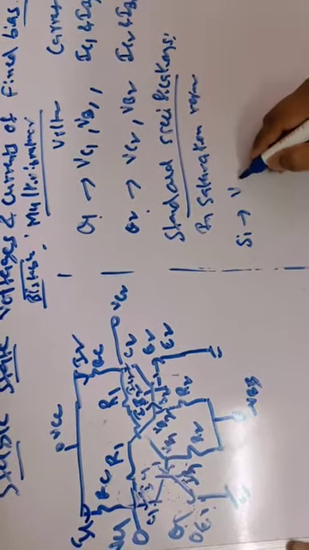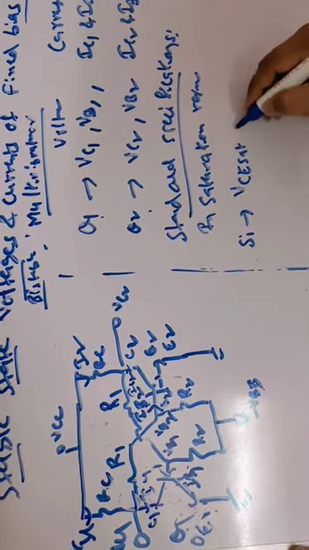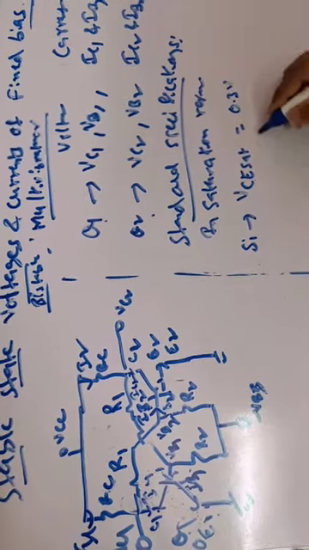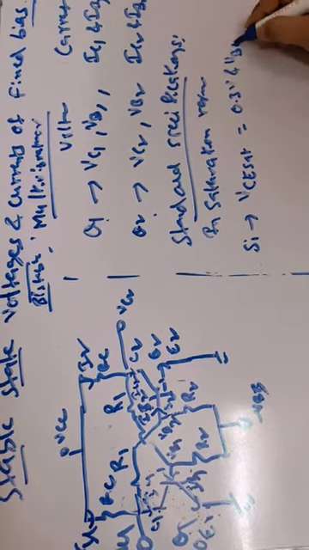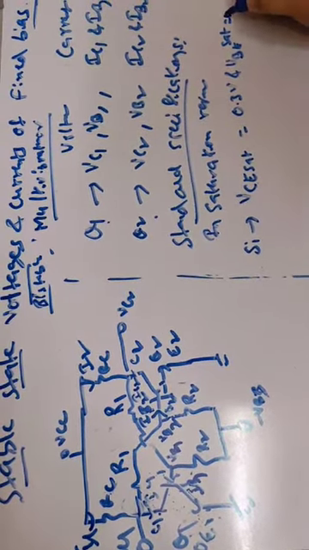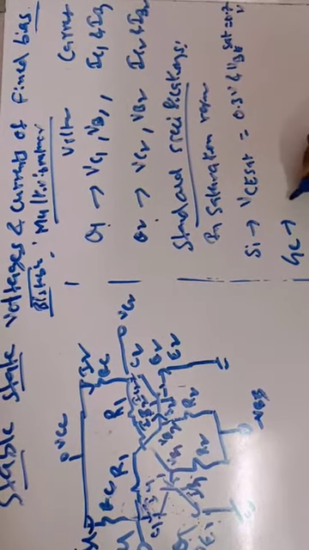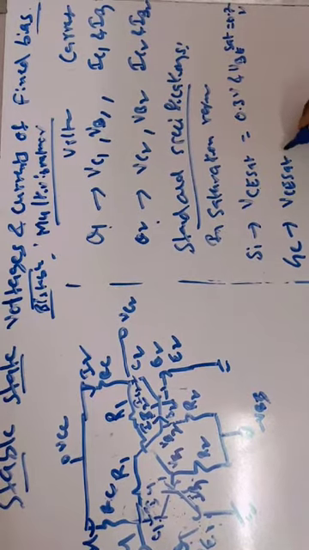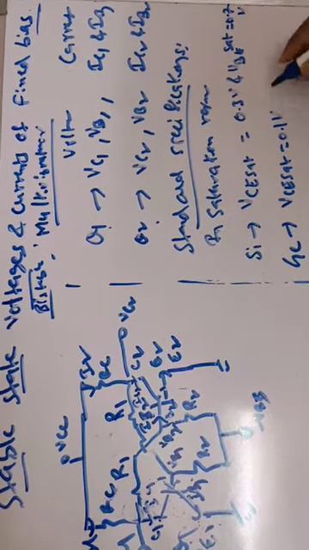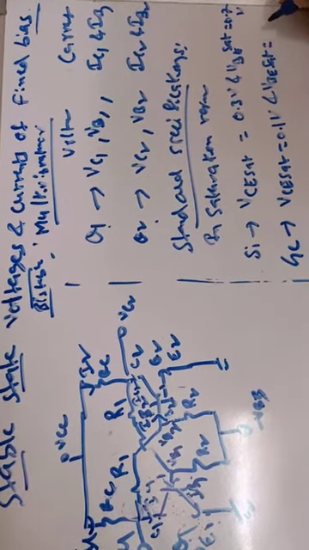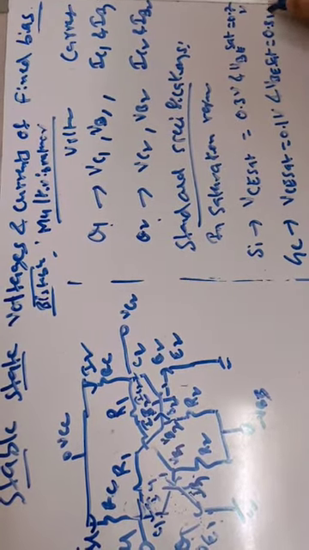For a silicon transistor, VCE sat, the collector emitter saturation voltage, is 0.3 volts, and VBE sat, the base emitter saturation voltage, is around 0.7 volts. For germanium, VCE sat is around 0.1 volt, and the base emitter saturation voltage is 0.3 volts.